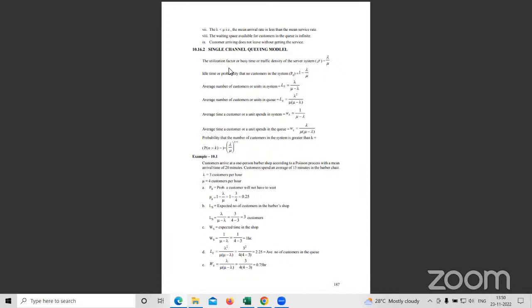The utilization time or busy time in the system, idle time in the system, average number of customers in the system and in the queue, average waiting time in the system and in the queue, and probability of the number of customers waiting for the service. So only these formulas need to be remembered to solve any question in queuing theory for the single channel queuing model.